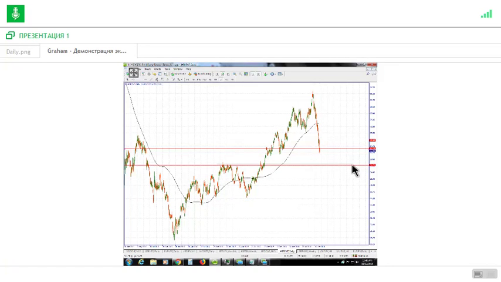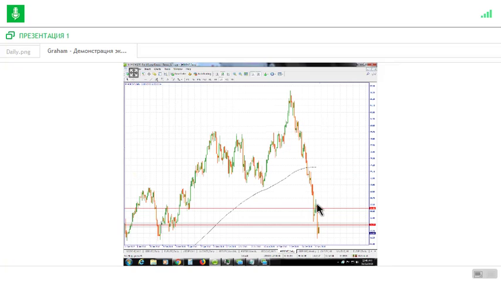So color it like this. Then the price went up, it was resisted. A resistance line, the price went up, down, then the same place is holding.